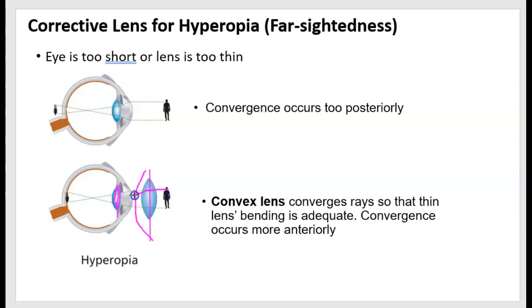So you get some bending here, you get some bending here, and now we get a more anterior convergence, and the image formed on the retina is more focused. I hope I haven't confused you about nearsightedness and farsightedness. We'll do an exercise at the end to help you understand that a little bit better.